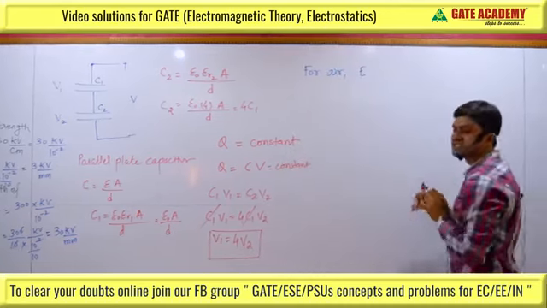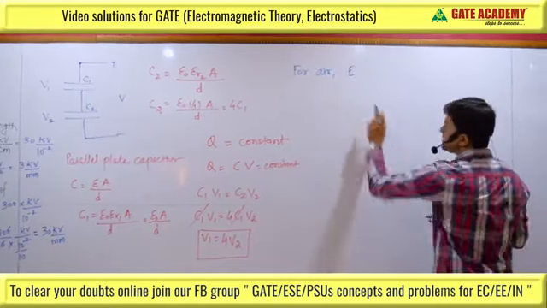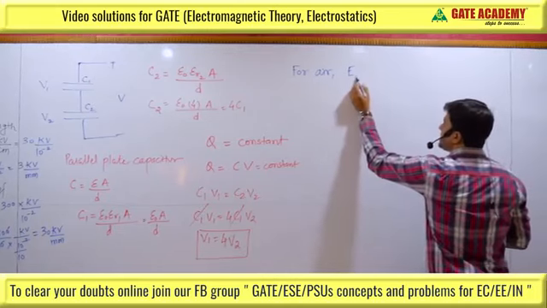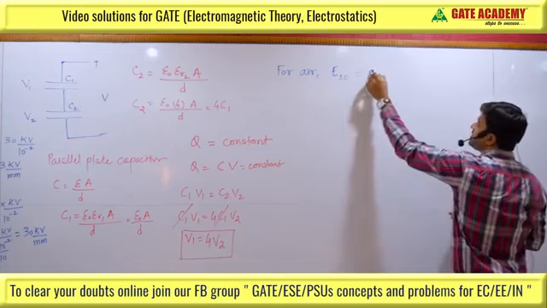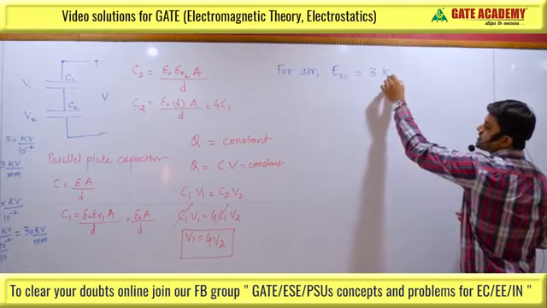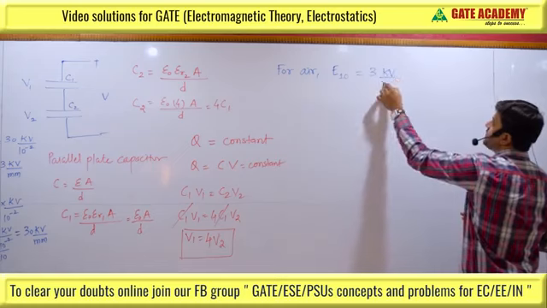because this is electric field, let's represent it by E10, and it is given as 3 kilovolt per mm.